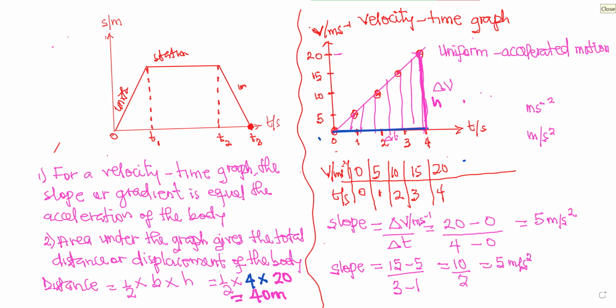The uniform accelerated motion refers to the rate of change of speed with respect to time is constant. So in a uniform accelerated motion, the rate of change of speed or velocity with respect to time is constant.